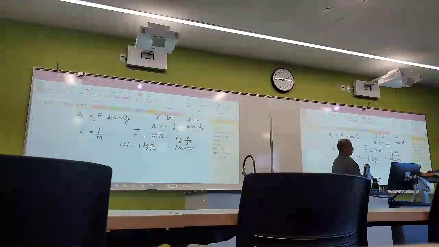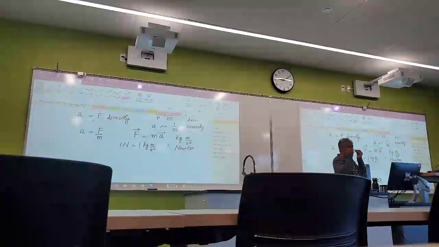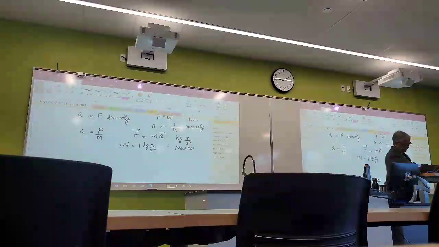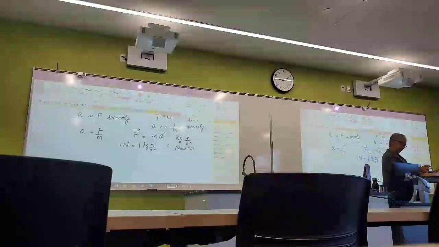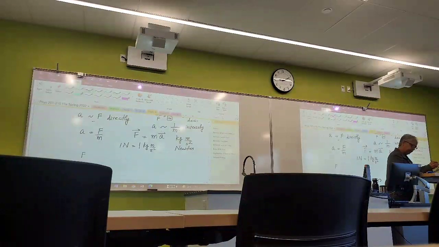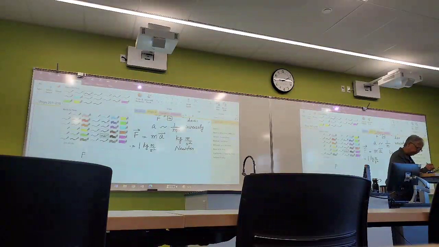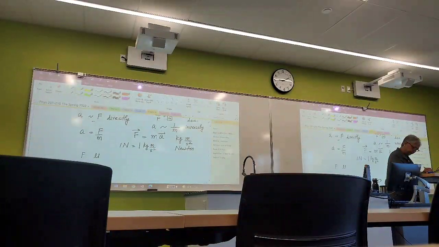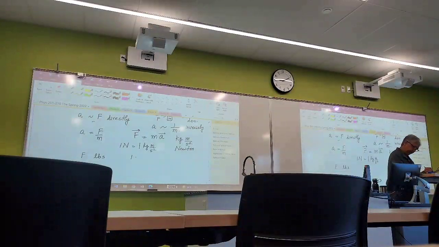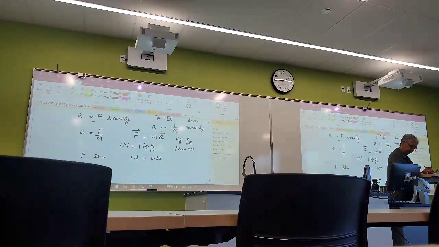And then we defined Newton, which is the unit of force, and Newton is equal to kilogram meter per second square. In the US for force, we use pounds. And 1 Newton is 0.225 pounds.